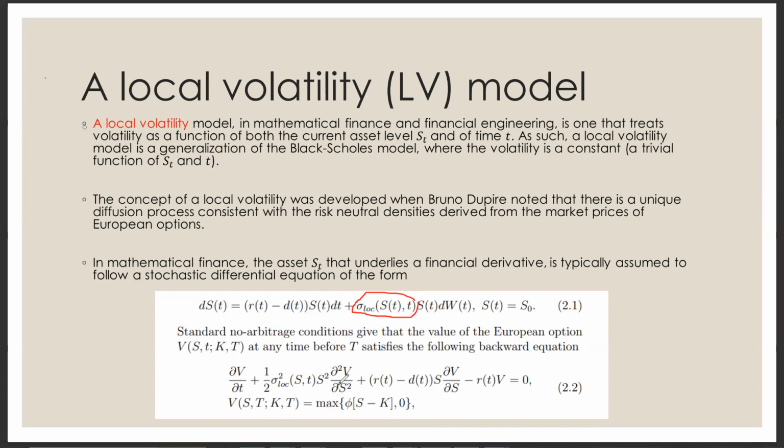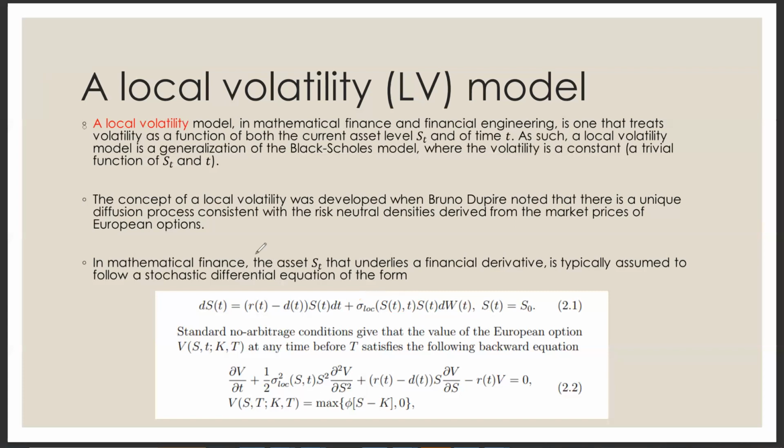We can't get the solution like in the Black-Scholes formula, but maybe using a numerical method we can solve this equation. So you see the difference is one: we change the constant sigma by a sigma like a function.